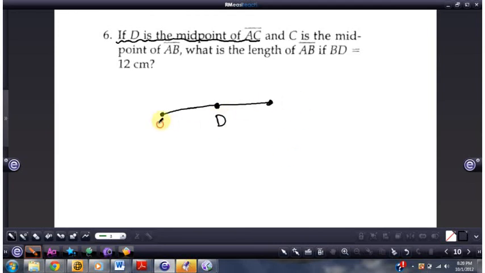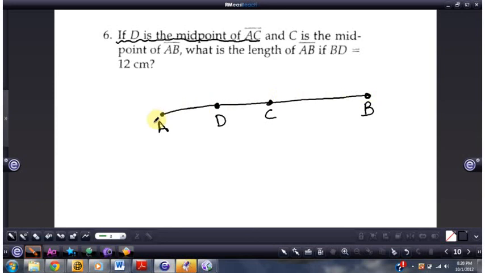Now midpoint just means it's directly in the middle. So that means this piece over here has the same length as this piece did. Now, I'm looking for the entire length. What is the length of AB?